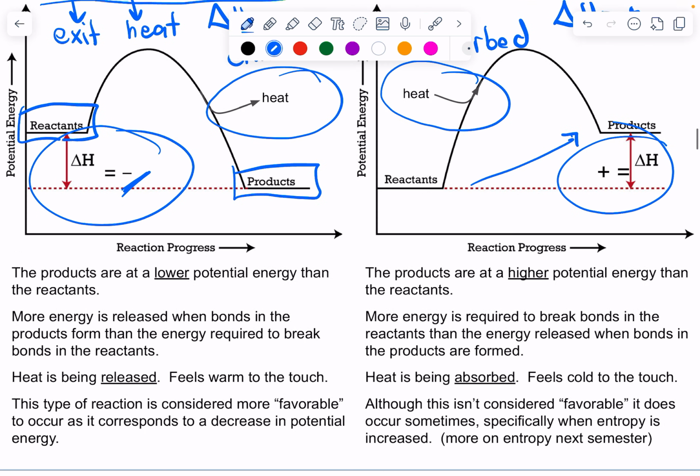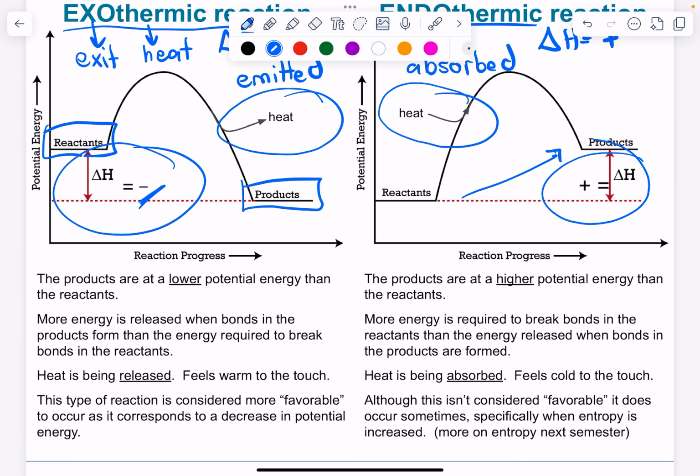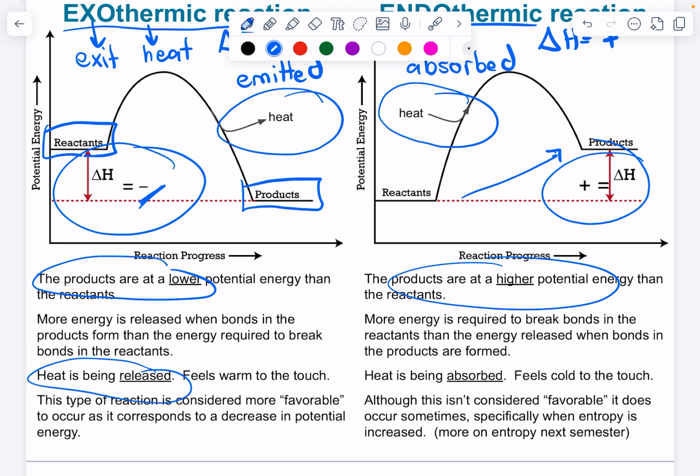Another way of summarizing that: in the case of an exothermic reaction, the products are at a lower potential energy. In an endothermic reaction, the products are at a higher potential energy. We already said in an exothermic reaction, heat is being released, whereas in an endothermic reaction, heat is being absorbed.